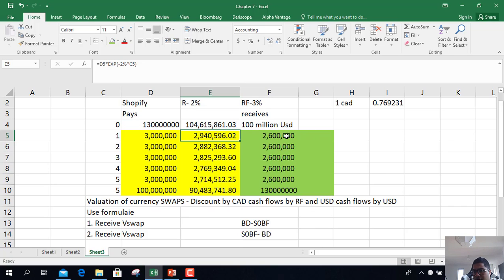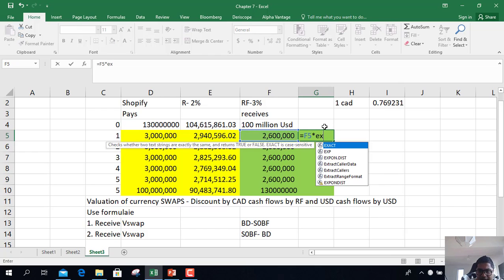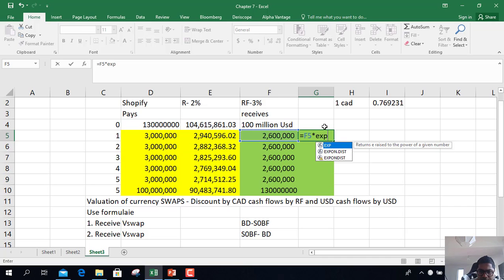Same way we'll do it for Canadian dollars. So these greens are Canadian dollars. It will be cash flow multiplied by exponential, negative sign, 3%, because the Canadian dollar risk-free rate is 3%, into time 1.